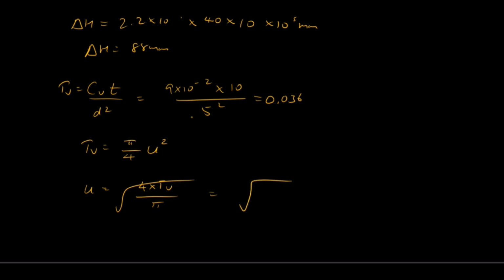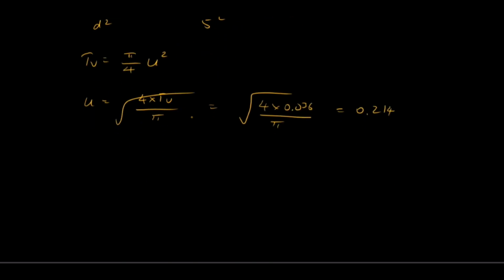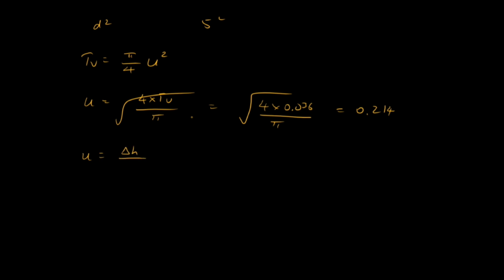So root of 4 into 0.036 by pi, which gives you 0.214. So degree of consolidation U will be equal to delta h by delta H. Since U we have taken as a fraction, we don't need to multiply it by 100.